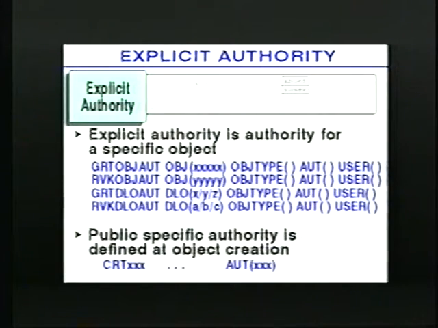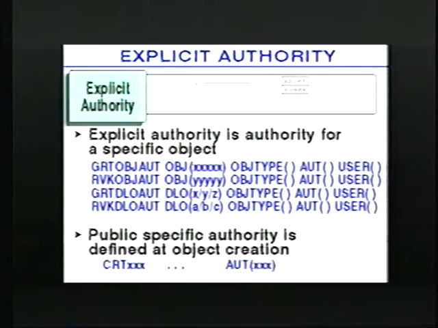Essentially the commands to define the explicit authority for an object are the grant object authority and the revoke object authority. There's also a command called edit object authority that gives you an interactive interface that really runs the grant object authority and revoke object authority functionality under the interface of the system.